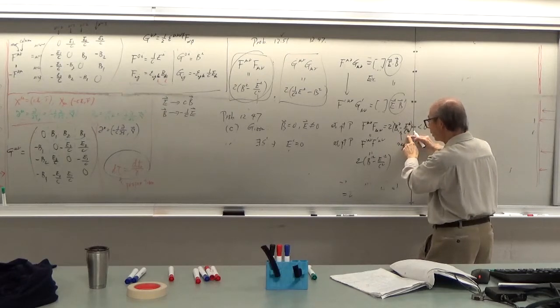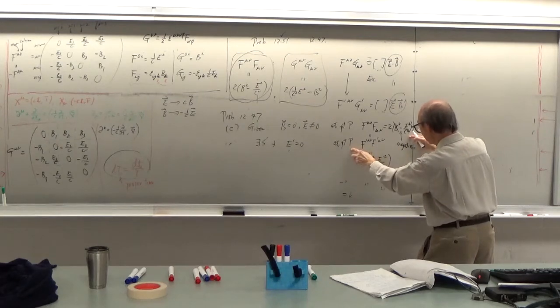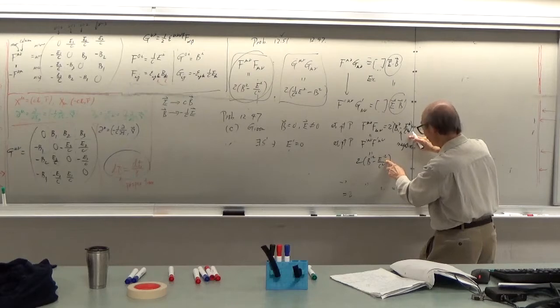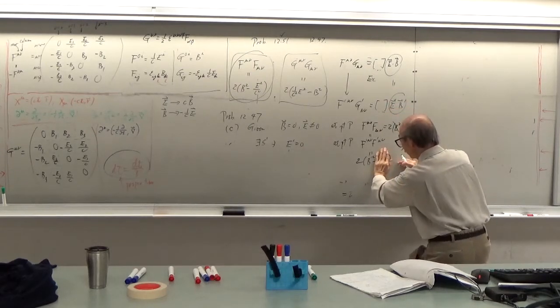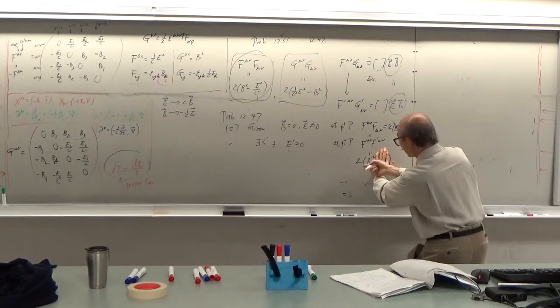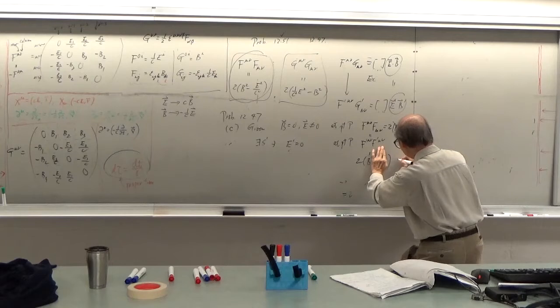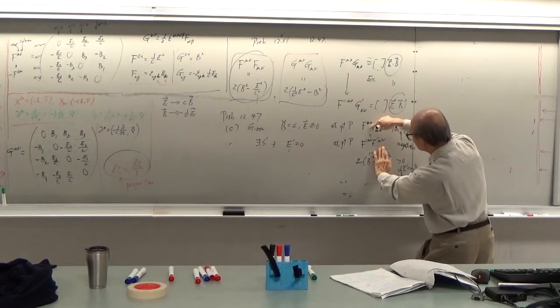So we are asked whether at that point we can have E prime being 0. If E prime was 0, then this would be necessarily positive. But we said that this is equal to that.